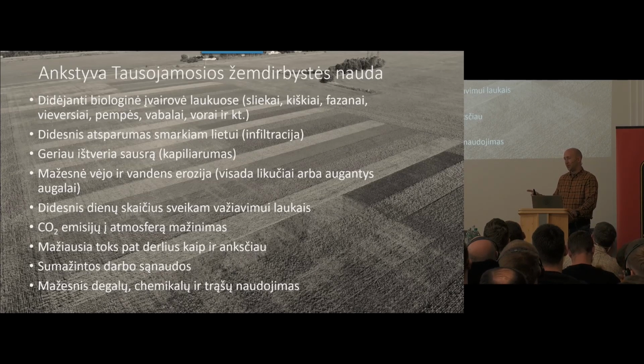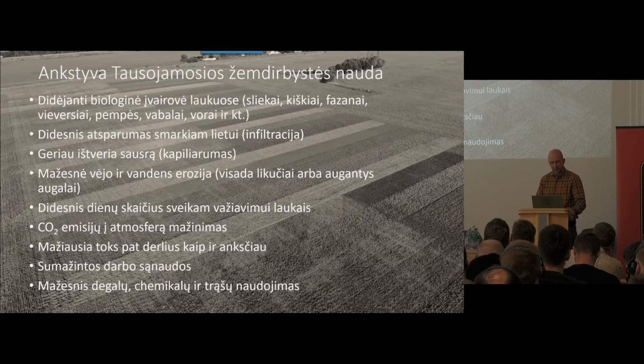And when the soil is covered all year round, we also have a better tolerance against wind and water erosion. So our lighter soils, they don't blow away anymore, and the water stays where it lands. That also helps a lot with the water problems.